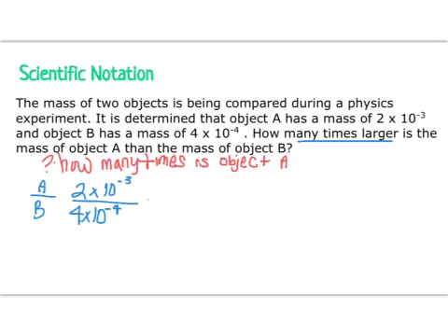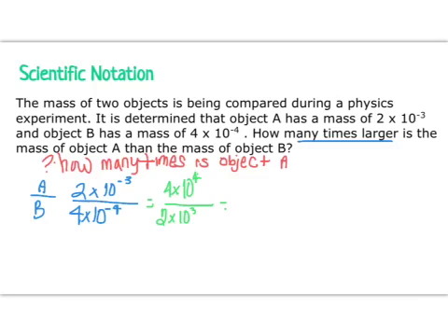That means 2 times 10 to the negative third becomes 2 times 10 to the positive third as the denominator. When you take the reciprocal of it, you turn the negative exponent into a positive exponent, which means the 4 times 10 to the negative fourth is going to go on top as a positive exponent.